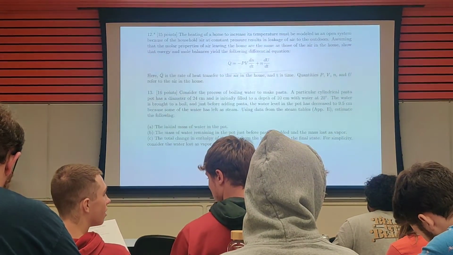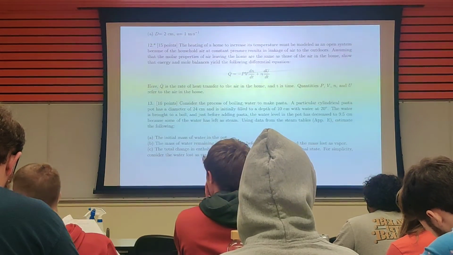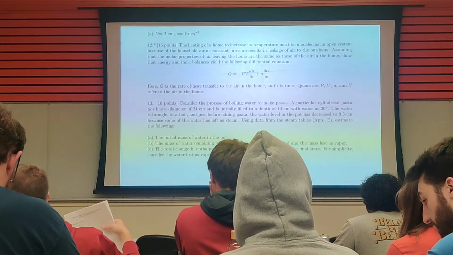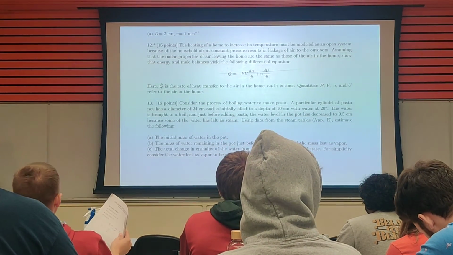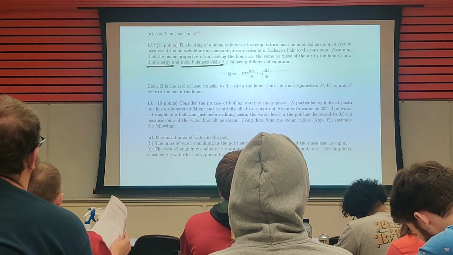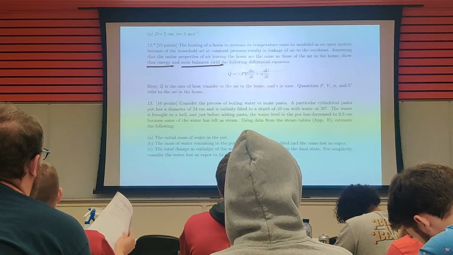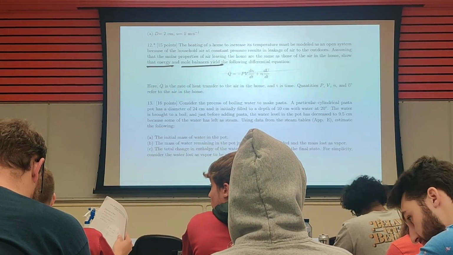Just read the important parts of the problem. It's already giving you hints of how to solve it. You know, show that the energy and mole balances yield. So it's already hinting that you have to use the corresponding continuity equation.